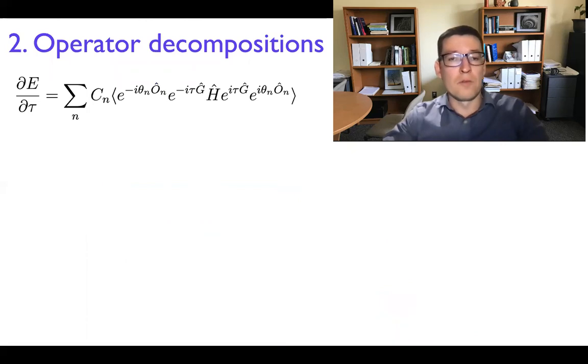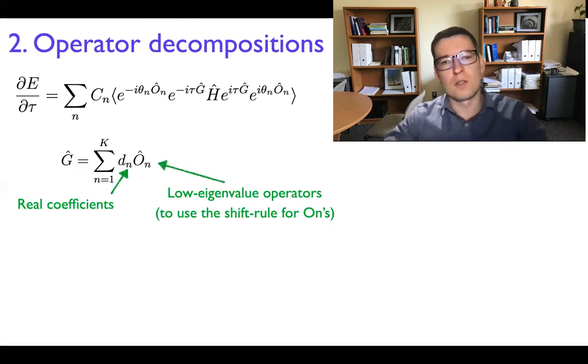Now, the other scheme is maybe a little more complicated looking, but the idea is also relatively straightforward. What we do is we look for the gradient also as a linear combination, but the shifts are not added to the generator itself. Instead, they are added to the operators O_n, or formed with O_n, and these O_n's are elementary operators into which you decompose the generator, right? So if you have in mind some low-eigenvalue operators, you can try to use them to decompose the generator of interest with some real coefficients.